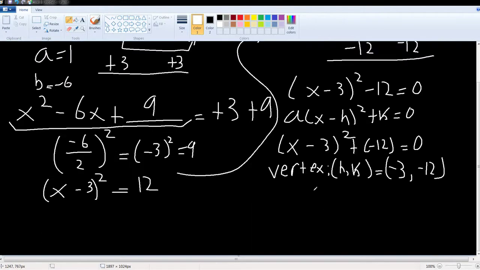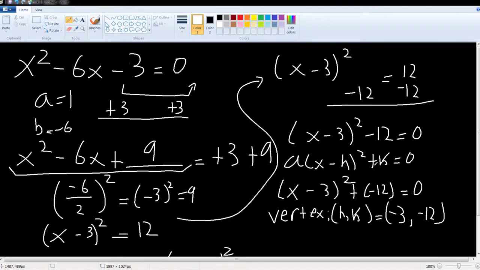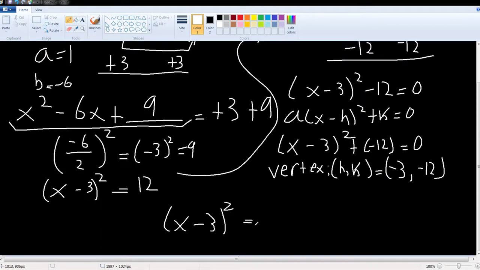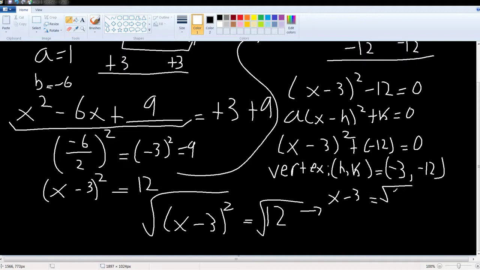Now to solve for x such that this equation is 0, we'll go back to before we moved the constant back to the left side, so we'll have x minus 3 squared is equal to 12, right? We will square root both sides. We are then left with x minus 3 is equal to square root of 12.